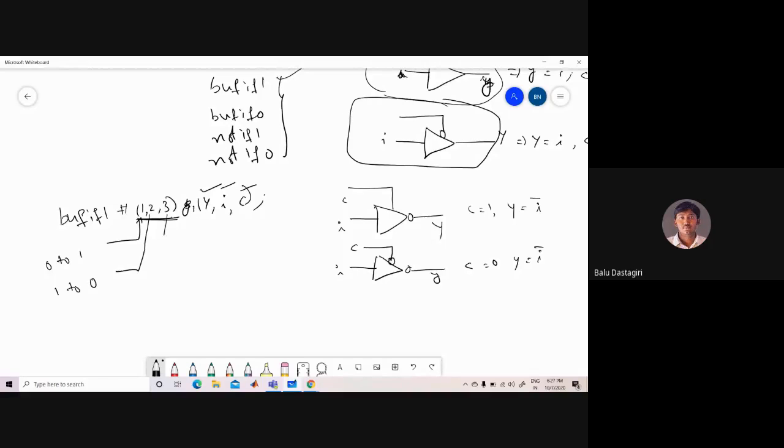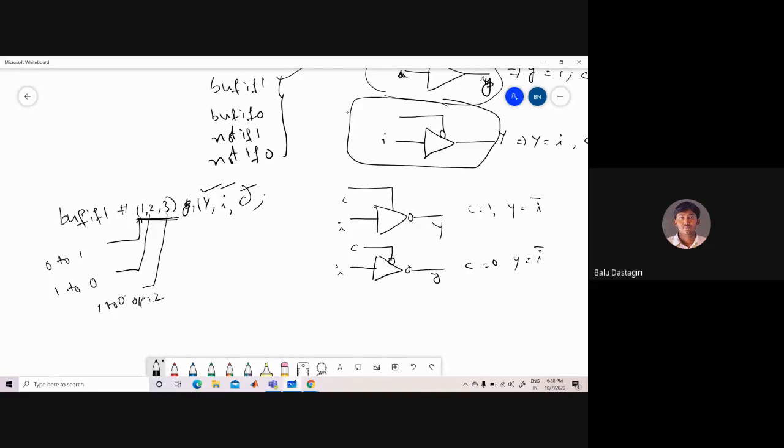The last one is the delay for the output to go to the high impedance state: whenever the conditional input C changes from 1 to 0, the output goes to Z, and the delay associated with the output going to Z is 3 time units. This is how you can specify it.